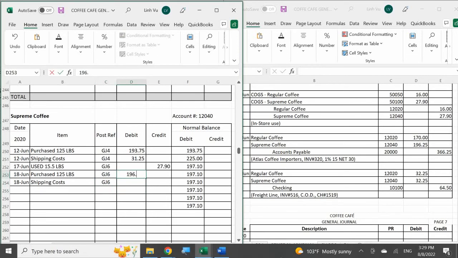The amount was 196.25 and 32.25. And then we go to accounts payable.